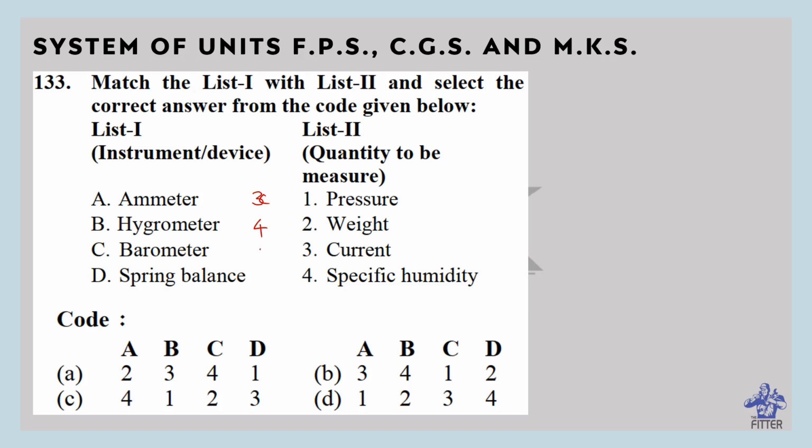Barometer is pressure, spring balance is weight. So that is 3, 4, 1, 2, that is option B.